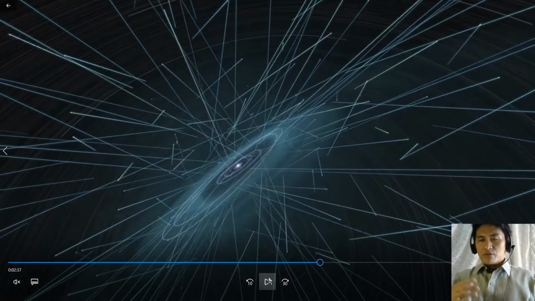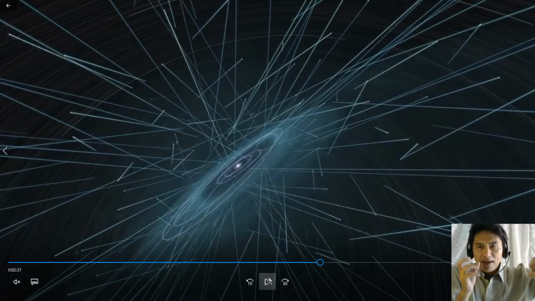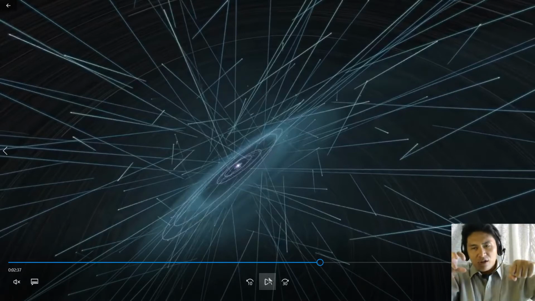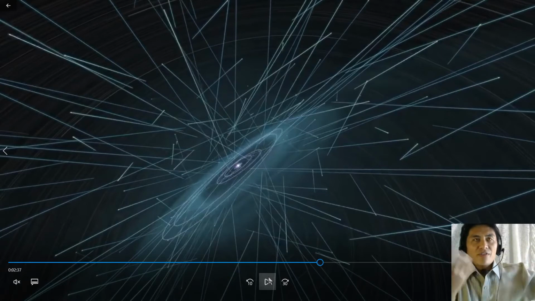Because remember, you have to understand that the rotation is a balance of all the gravity of all the planets. So if the planets shift, especially planets that are big like Jupiter, they affect how the other smaller things rotate.